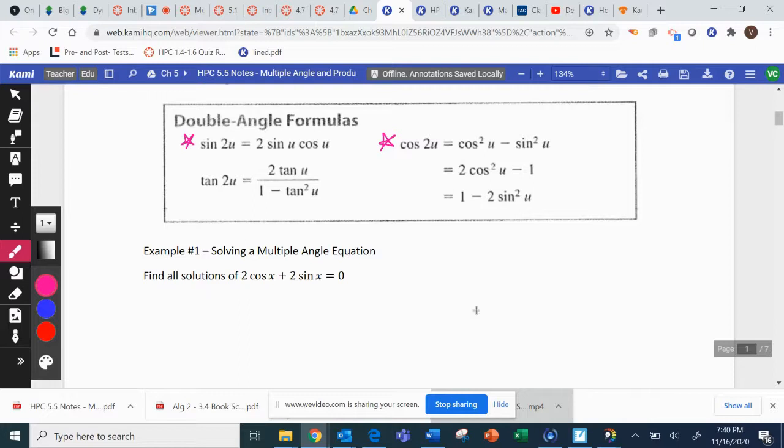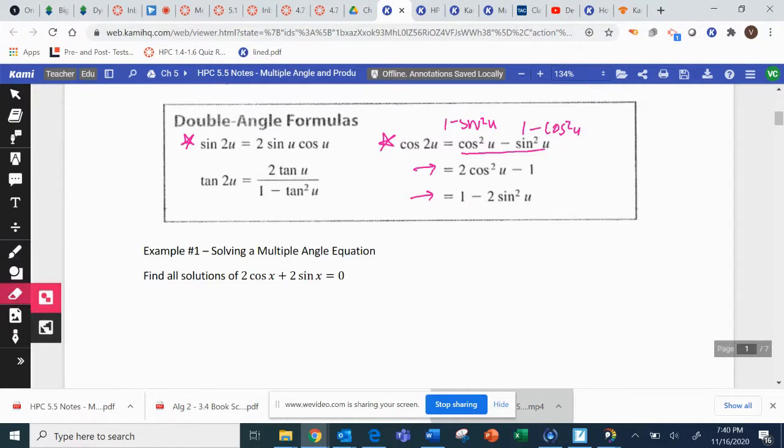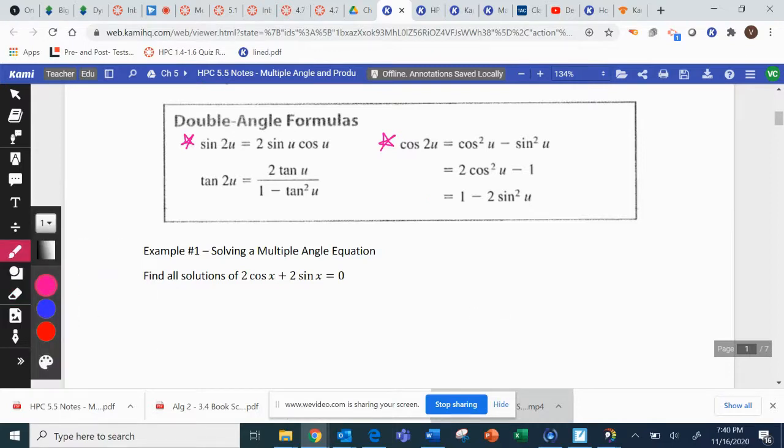From this one right here, you could replace the sine squared u with 1 minus cosine squared, or you could replace cosine squared u with 1 minus sine squared u. And then because you replace one of those, we get two other options for this exact same equation. So all three of those are related to the cosine double angle formula. And then there is also a tangent, which we did not derive from class, but it is available.